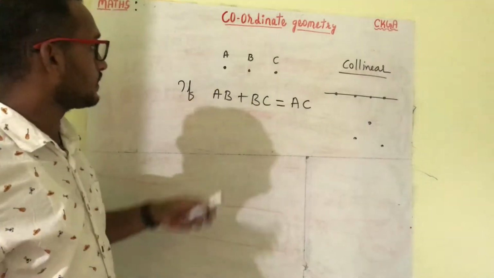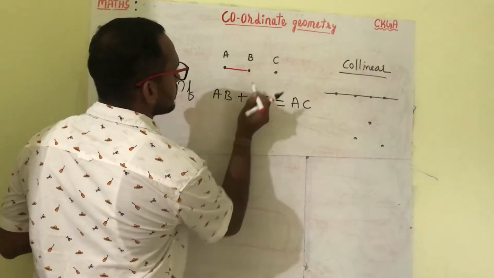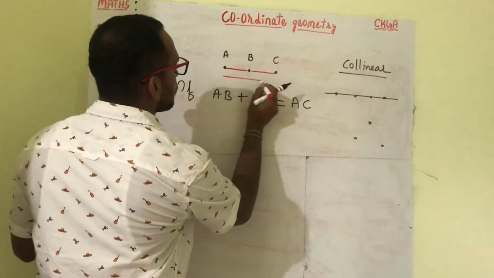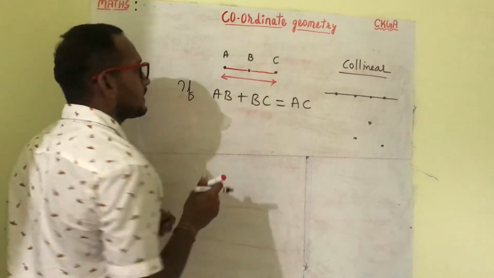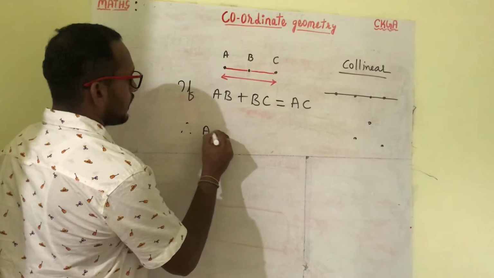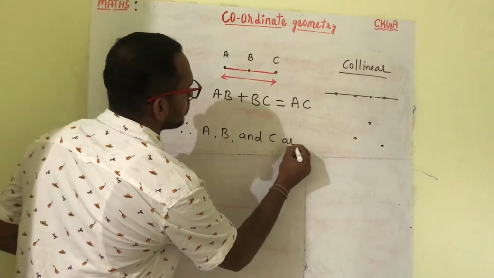This is very important. First find the length of AB, then find the length of BC, then add them up. If that length is equal to the length of AC, then conclude that A, B and C are collinear.